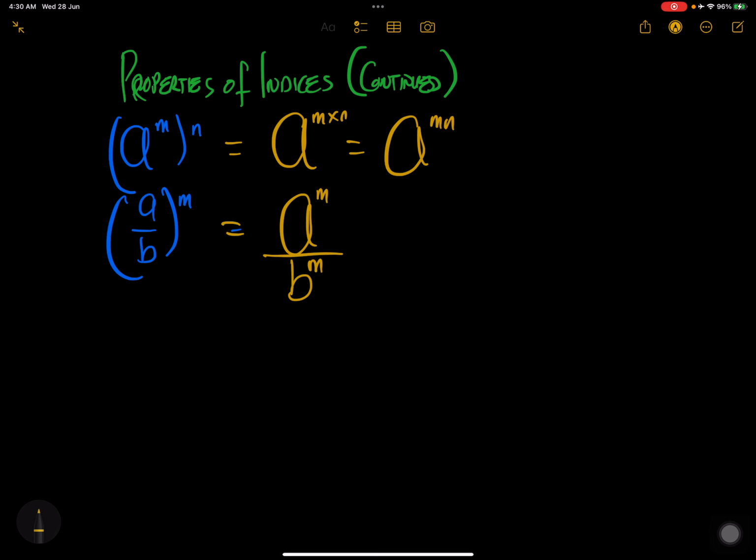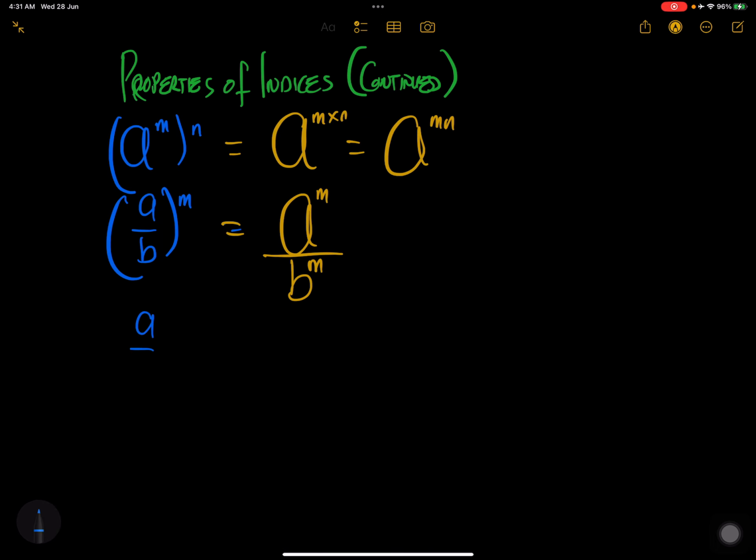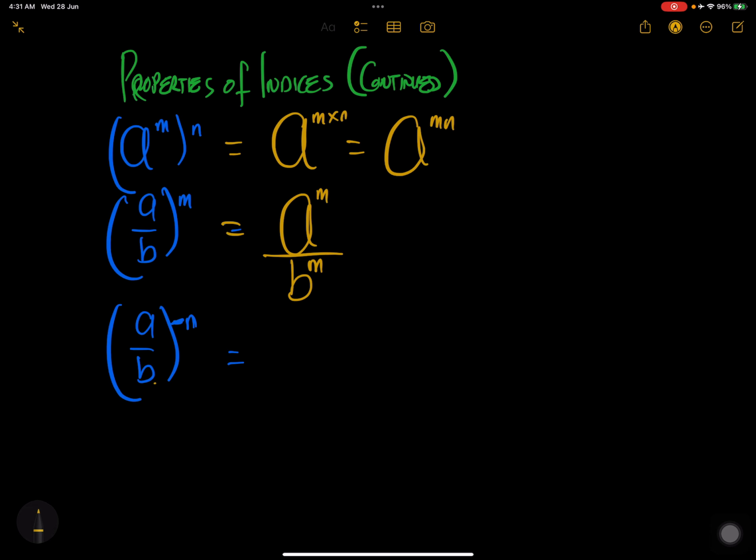Now let's say we also have a little change here. We have a divided by b, but this time to the power of negative n. It's a negative here. What do we do? The rule says that we should make the b, the denominator, come to the numerator. So the b goes up, the numerator goes down, and we can have this as positive n.